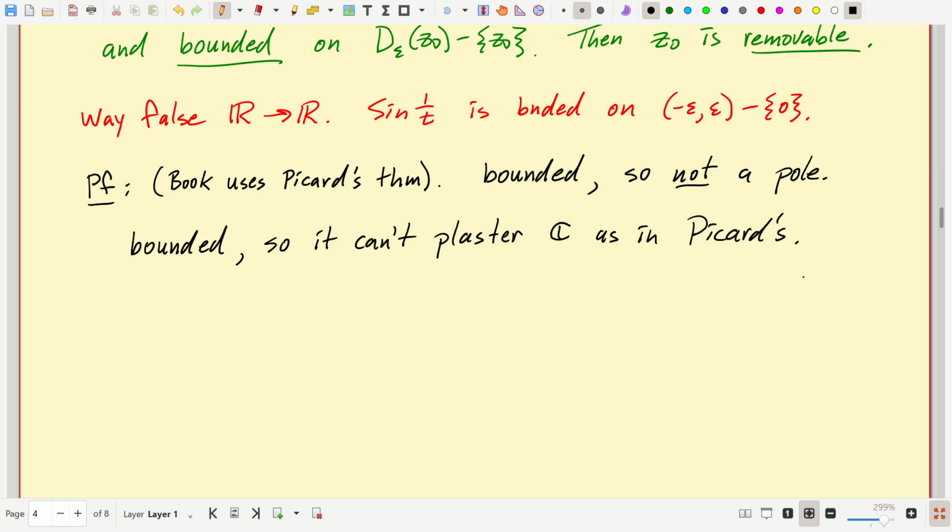That rules out those two possibilities. That means it must be removable.